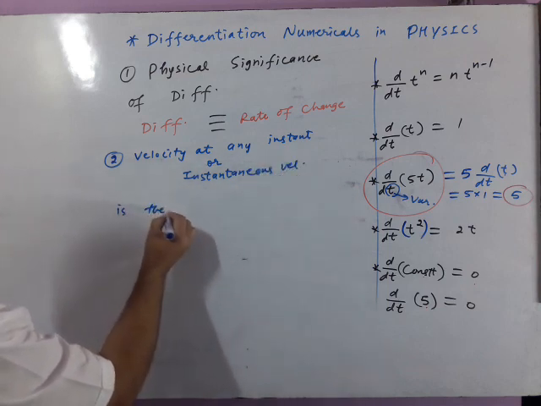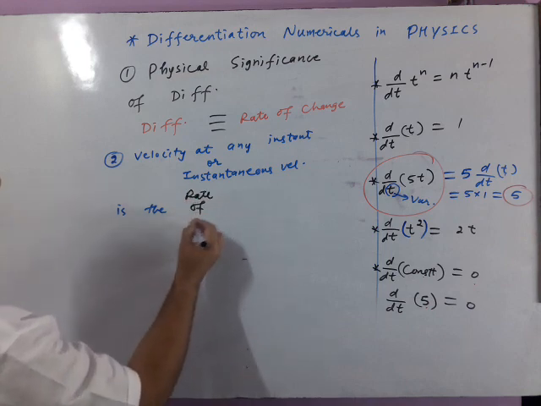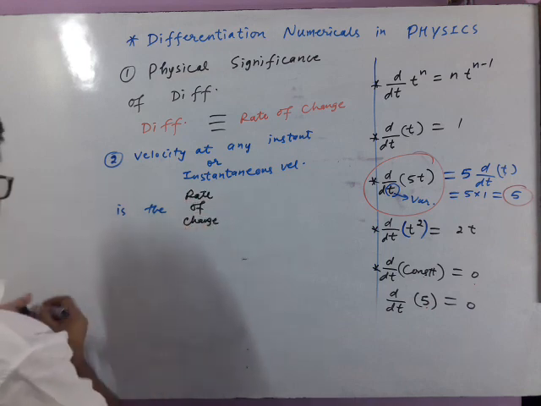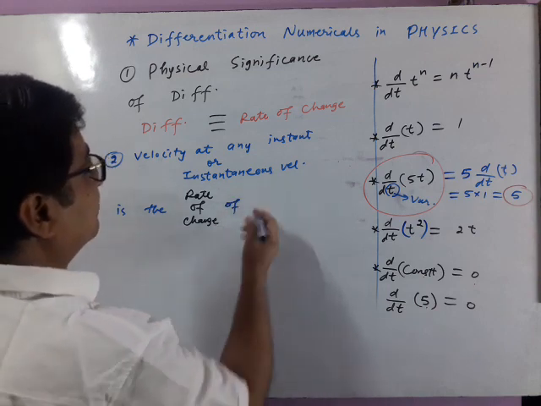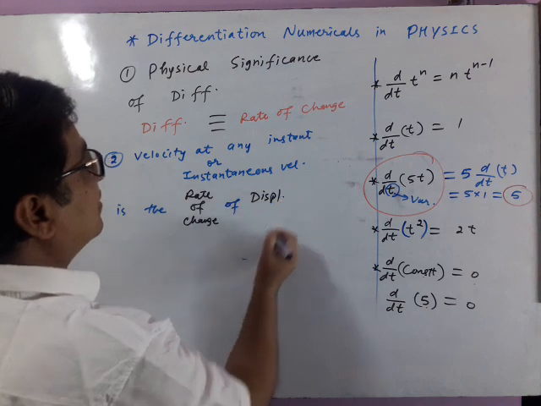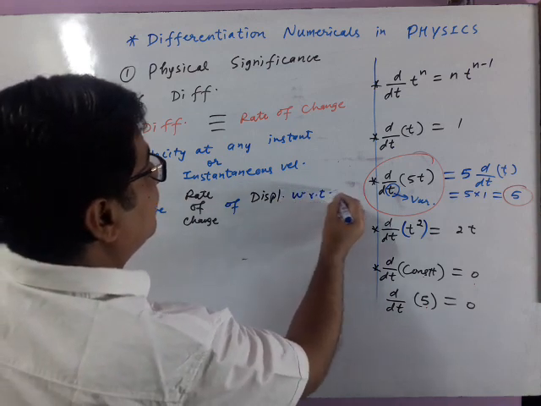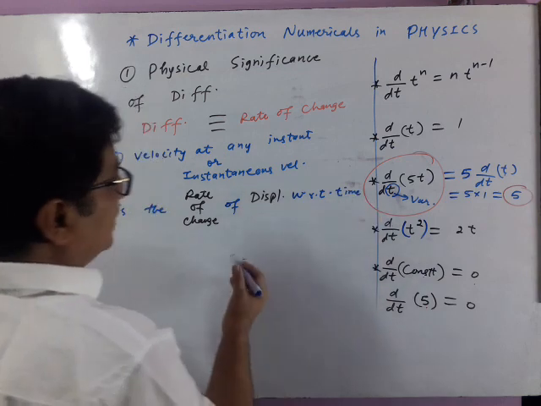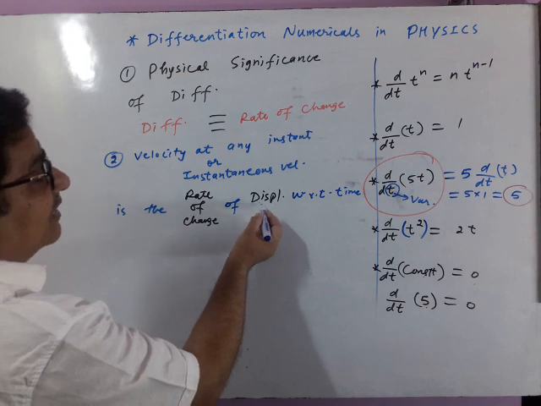It is the rate of change of displacement with respect to time. We may write displacement with r vector, s vector or x, y, z.